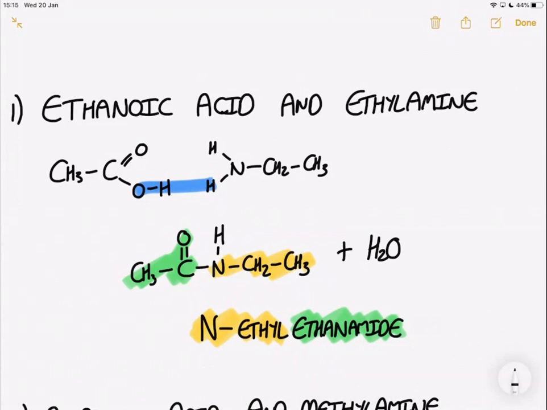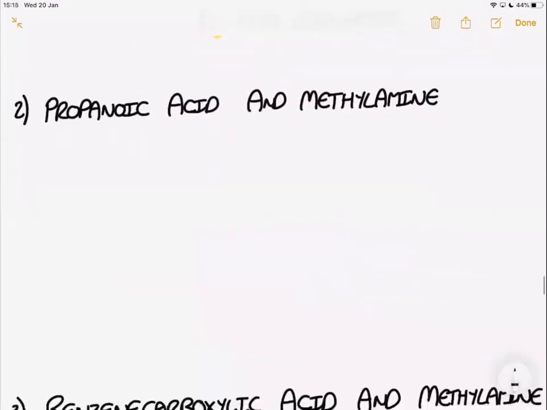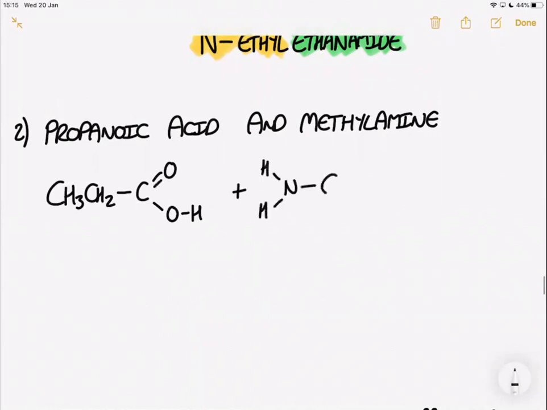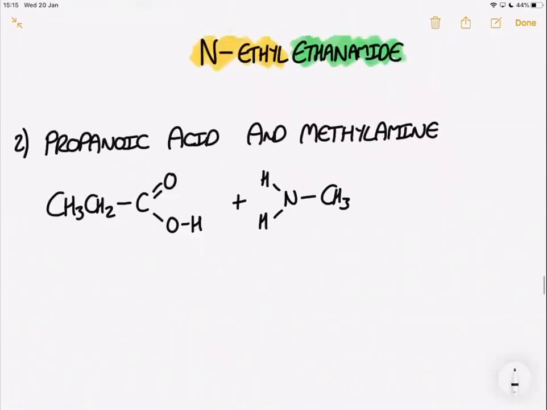Let's keep going. Same sort of idea. Propanoic acid and methylamine. Just preference that I do them in this particular order. You don't have to do them the same way as me. But again, I'm going to start in the middle and then work outwards.